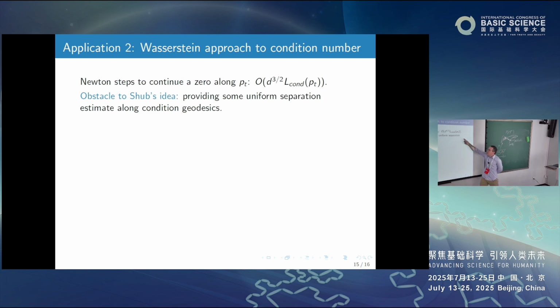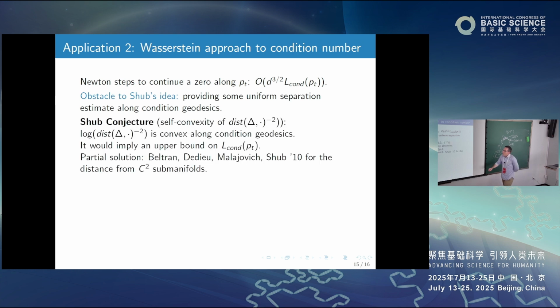This will be the length, in the condition metric, of your curve Pt, where the condition metric is the one obtained by taking the Fubini-Study divided by the distance squared. So this distance is actually rather important for the Newton step.